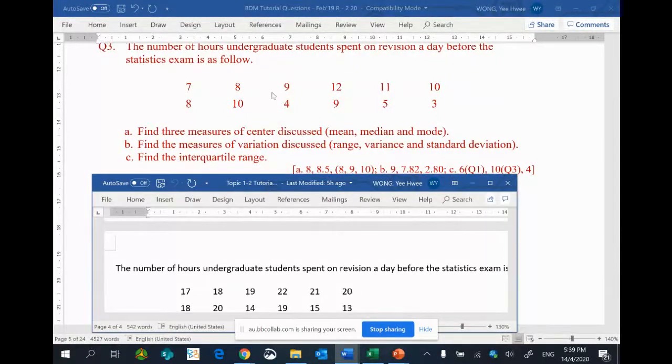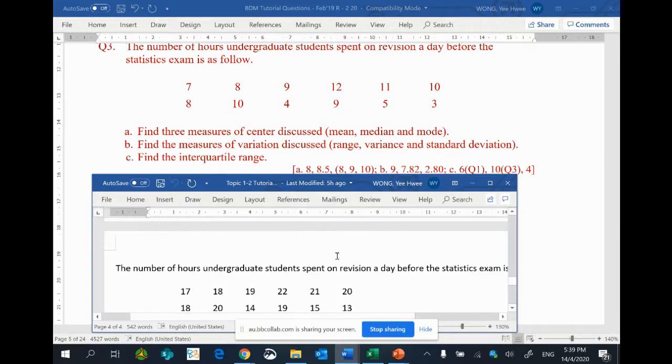7, 8, 9, 17, 18, 19, 12, 11, 10, 22, 21, 20. Then 8, 10, 4, you get 18, 20, 14, 9, 5, 3, you get 19, 15, 13. So what's the difference? I think some of you spotted it already. The one I gave you is 10 more than what you have here.